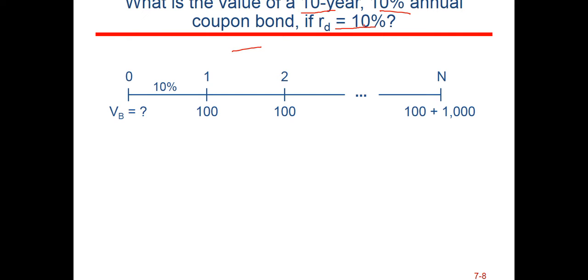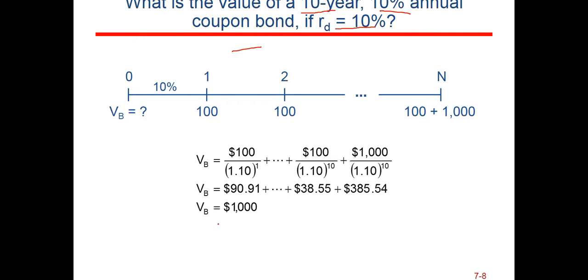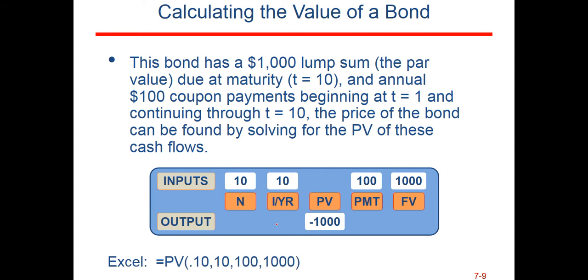Not always, but in this particular example. If we do the math, then the value of the bond is $1,000. So the face value is 1,000. The present value of this type of cash stream with 10% interest is going to be $1,000. Now, why is this example important? Because we are going to compare that to other examples.